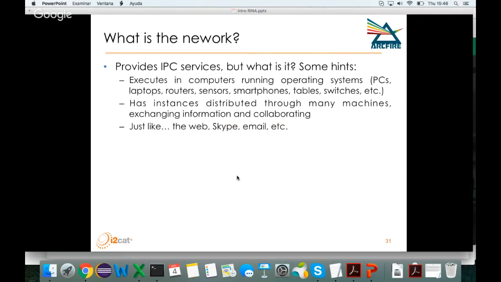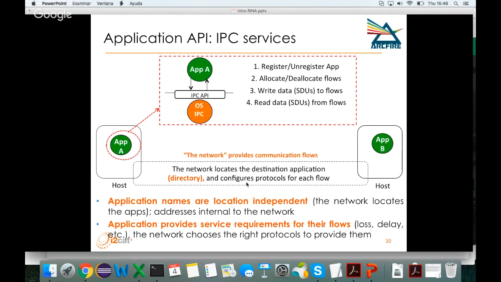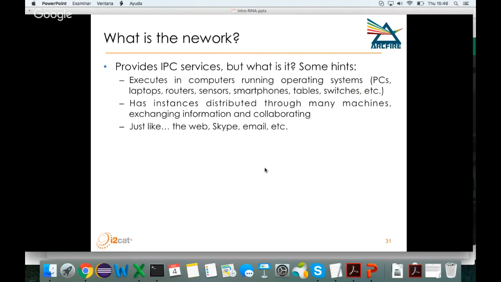So we have been picturing the network here like this box, but what is the network, right? It provides IPC services, but what is its nature? It executes in computers running operating systems. So it executes on PCs, laptops, routers, sensors, smartphones, tablets, switches, and so on.